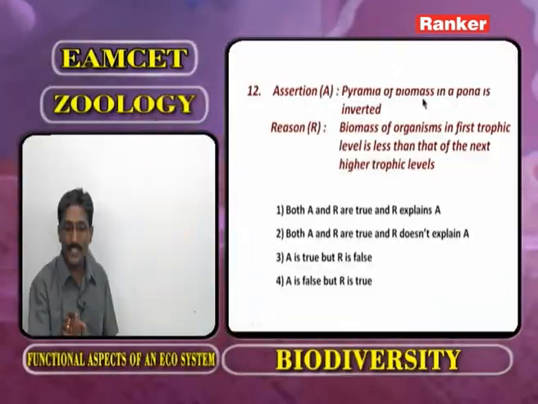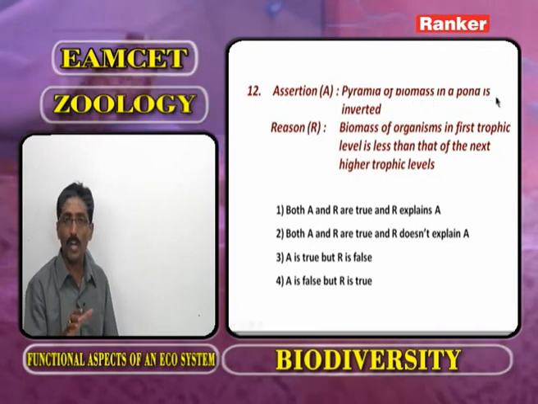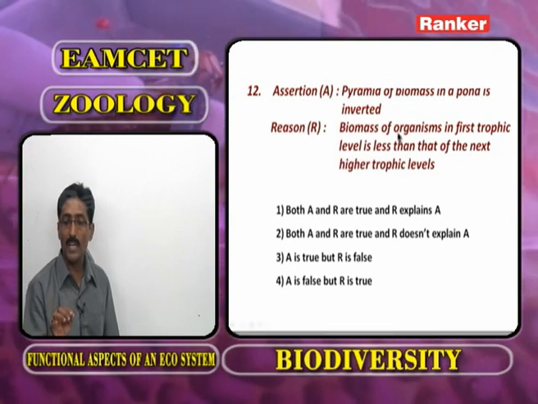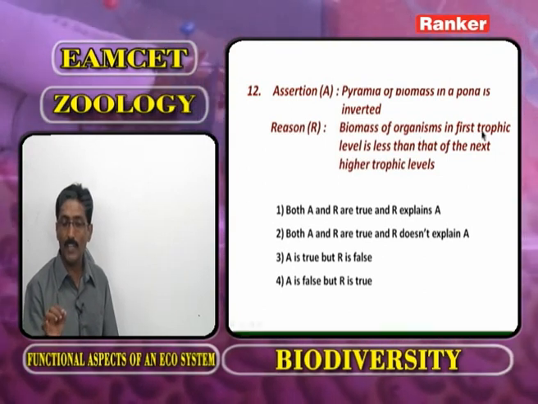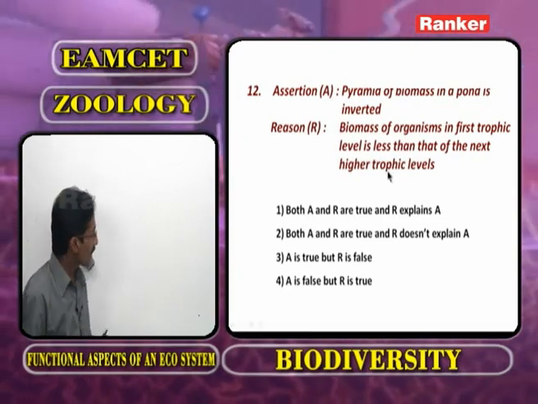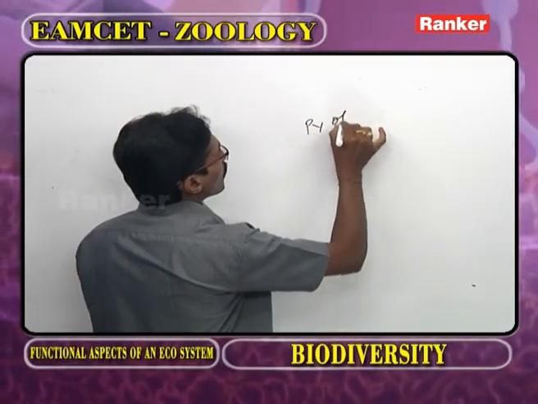Here we are discussing the assertion: pyramid of biomass in a pond is inverted. Now the reason: biomass of organisms in the first trophic level is less than that of the next trophic levels.